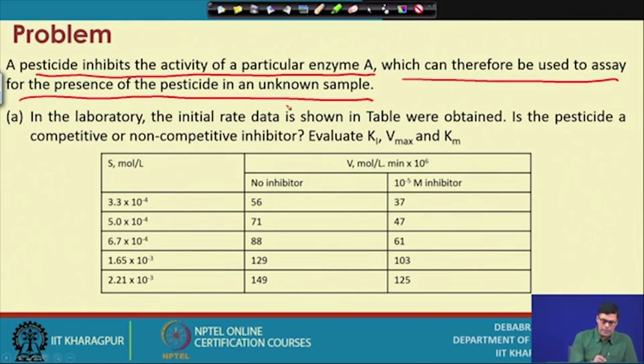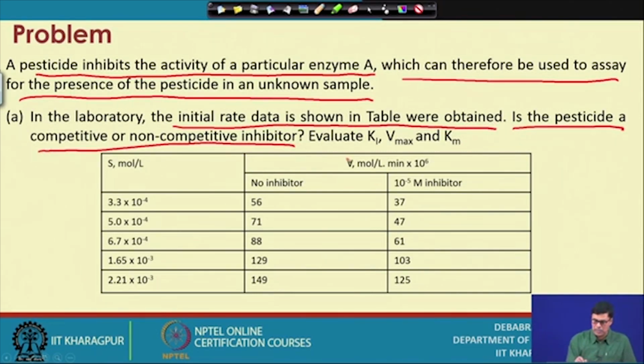In the laboratory, the initial rate data shown in the table were obtained. Is the pesticide a competitive or non-competitive inhibitor? Evaluate the values of Ki, Vmax and Km.